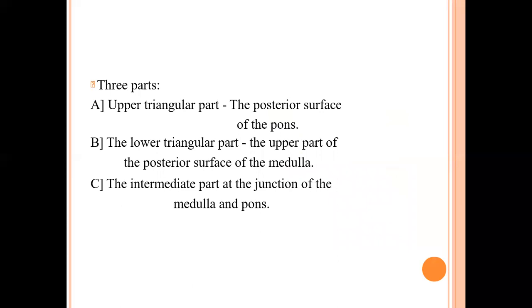We shall divide the floor of the fourth ventricle into three parts: the upper triangular part, which is nothing but the posterior surface of the pons; the lower triangular part, that is the upper part of the posterior surface of the medulla oblongata; and the intermediate part at the junction between the medulla and pons.